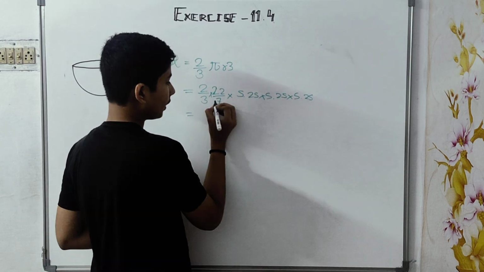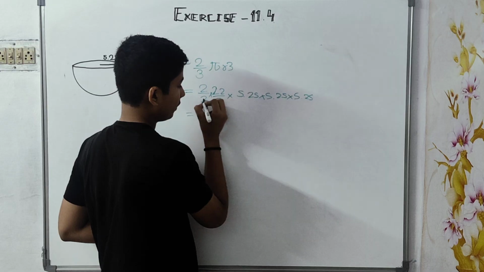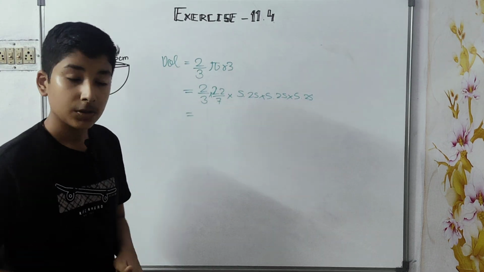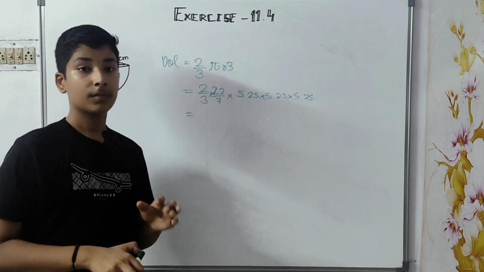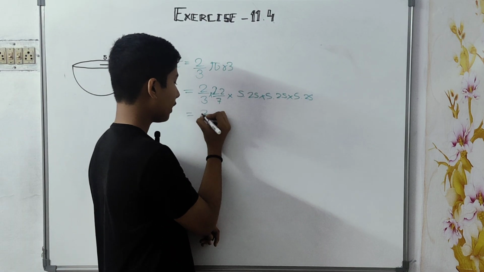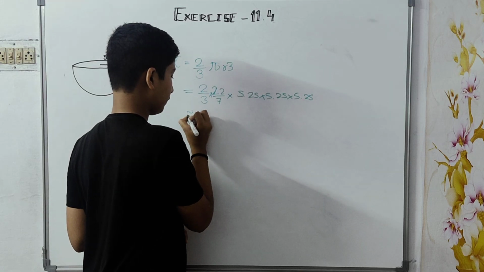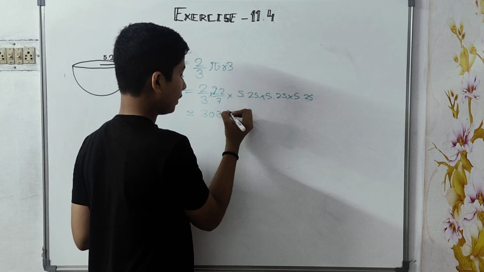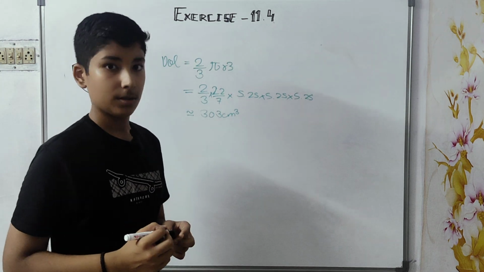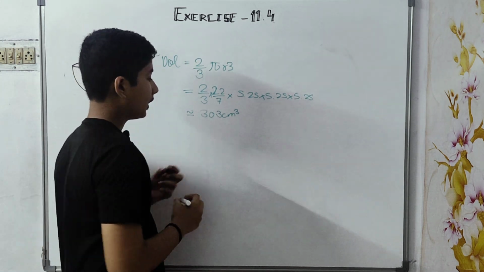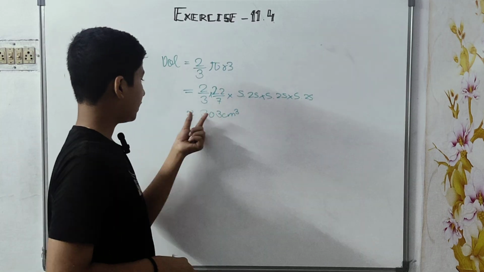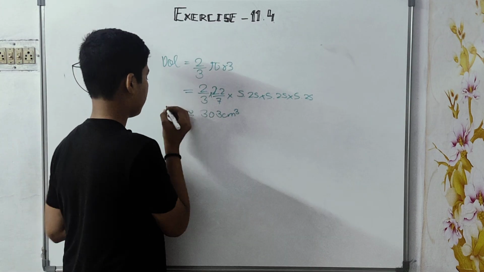It would be divided by 21, and when you solve this, the answer would be approximately 303 centimeter cube. It will go on to many digits, but we just take approximately 303.